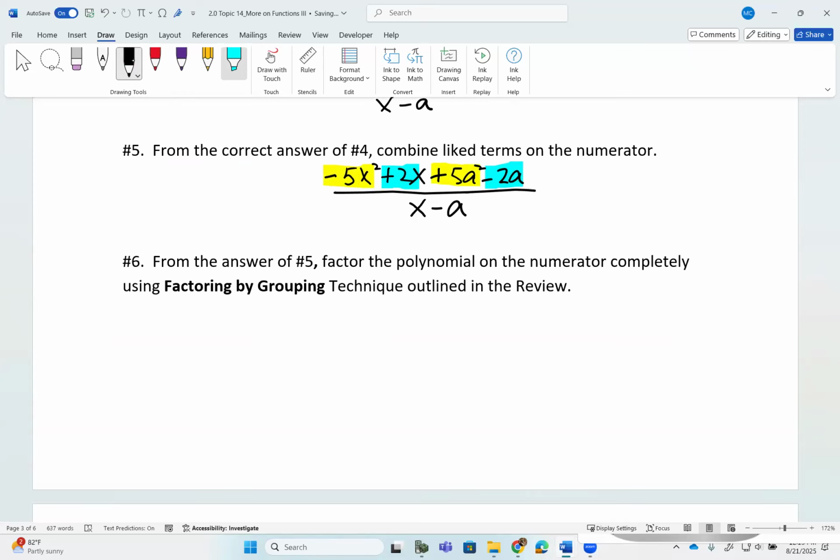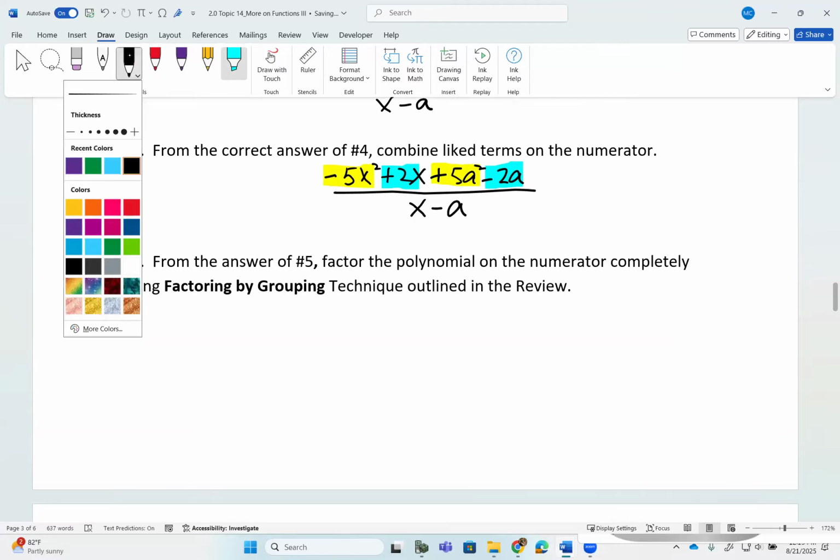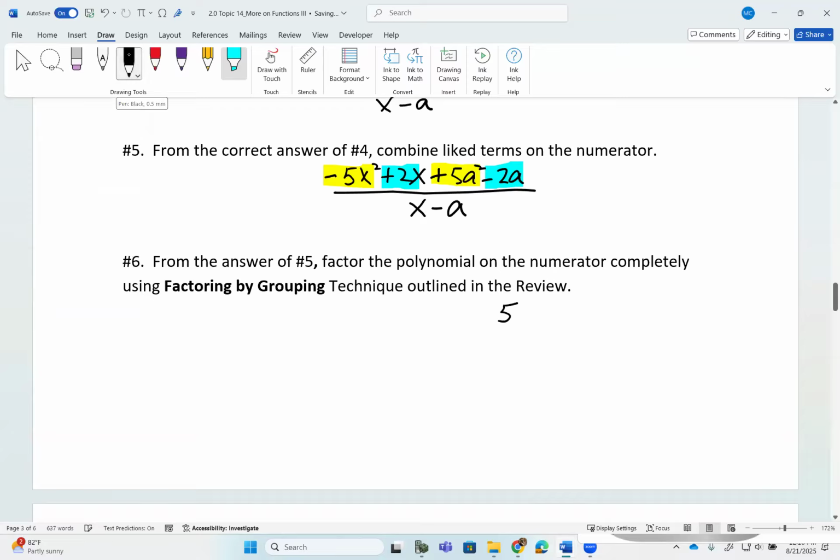All right, so let's do some factoring by grouping. So negative 5x squared plus 5a squared. These two terms, the greatest common factor is a 5. But if you look at the denominator, that x is a positive x. So I want this x squared to be positive. So I need to factor out a negative 5 between the negative 5x squared and the positive 5a squared.